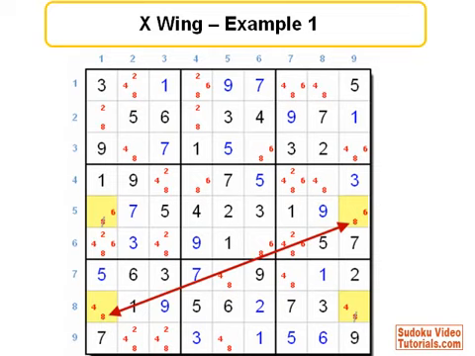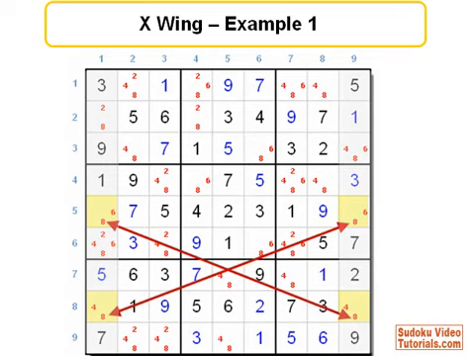So in either case, you'll end up with 8s in opposite corners. Now we don't know which diagonal the 8s will lie on, but we do know that 8s will be in opposite corners. And one of the 8s will be in column 1, and the other will be in column 9.